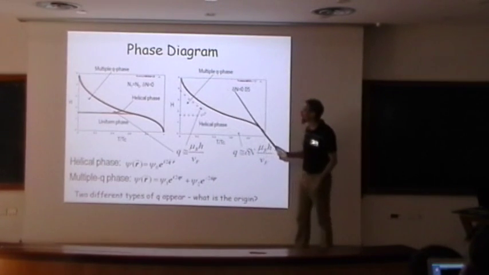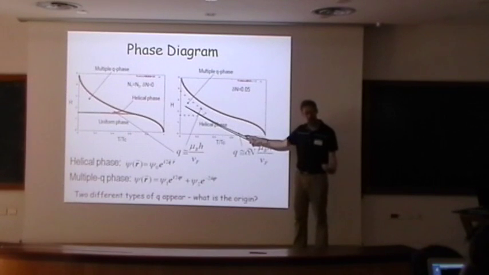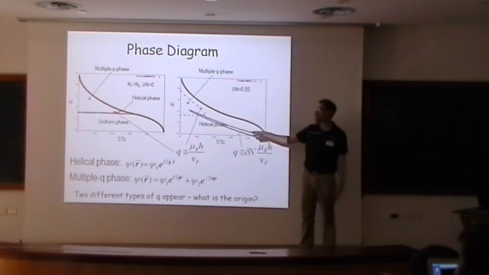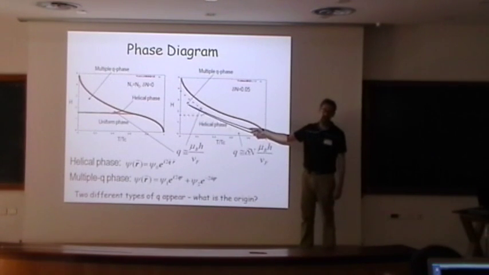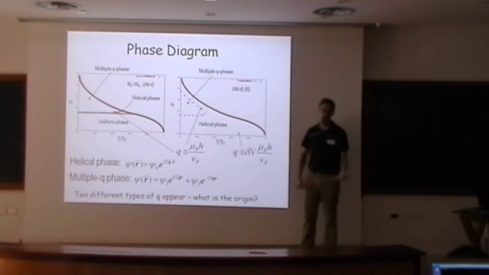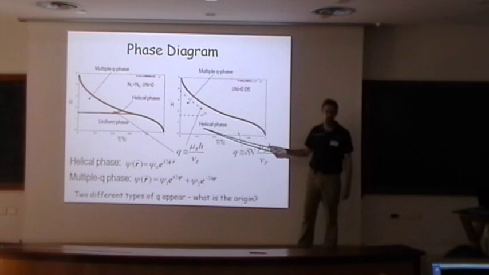But as you increase delta n, the FFLO-like phase, that's this phase here, gets smaller and smaller. And in fact, as you push delta n to 1, this phase entirely disappears. And so in non-centrosymmetric cases, this phase exists in clean systems, but these interfaces are presumably not clean. So in interfaces, you expect this helical state probably everywhere.